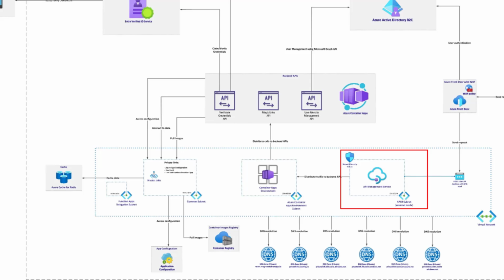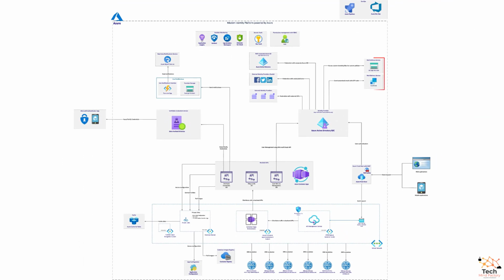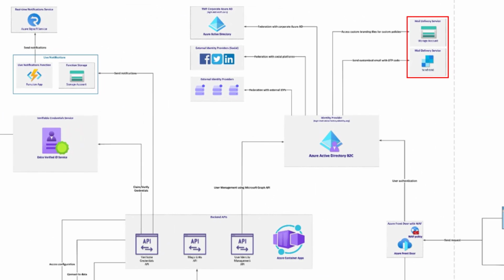So this is why we should leverage Azure API Management Service in this case, to securely access those APIs, and also to have a consistent layer of accessing those APIs. And as I mentioned before, we would like to also customize the look and feel of login and registration pages.